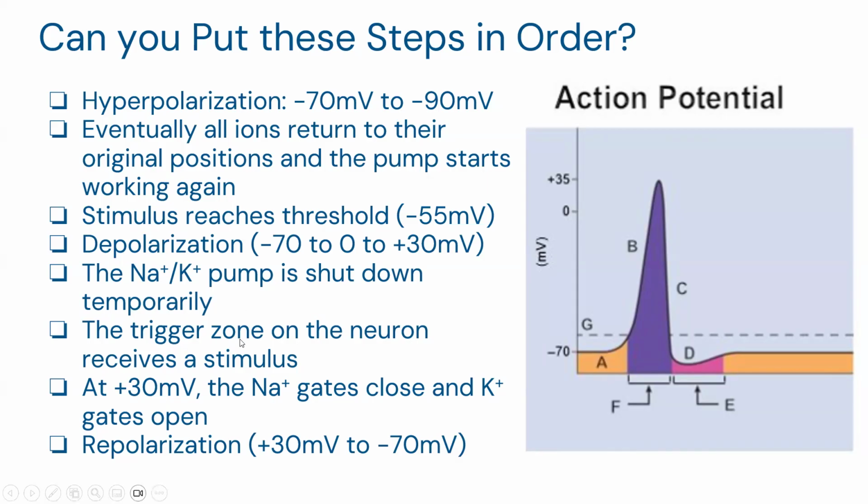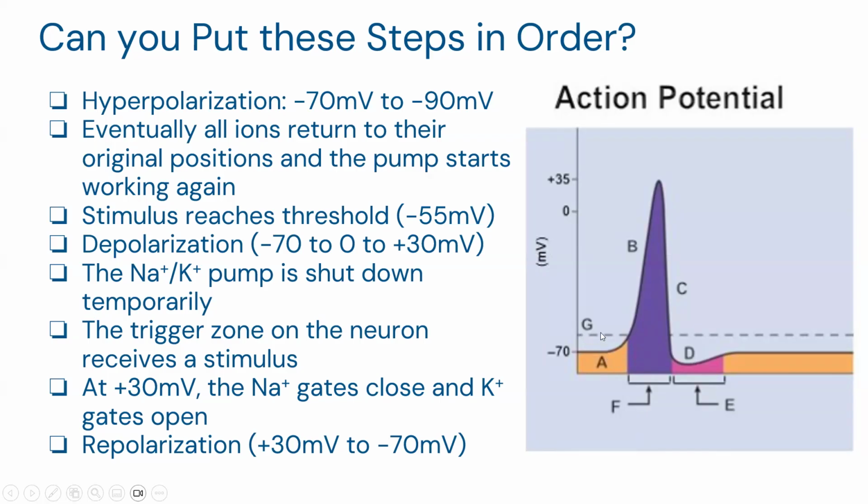The trigger zone of our neuron, which we refer to as the axon hillock, or the very start of our axon, is going to first receive the stimulus. So this initial curve upwards towards the threshold is going to be our graded potential or local potential. And this is really more controlled by those leak channels that are always open.